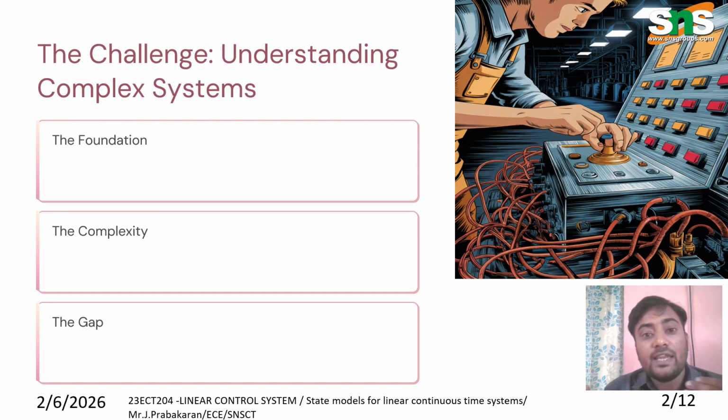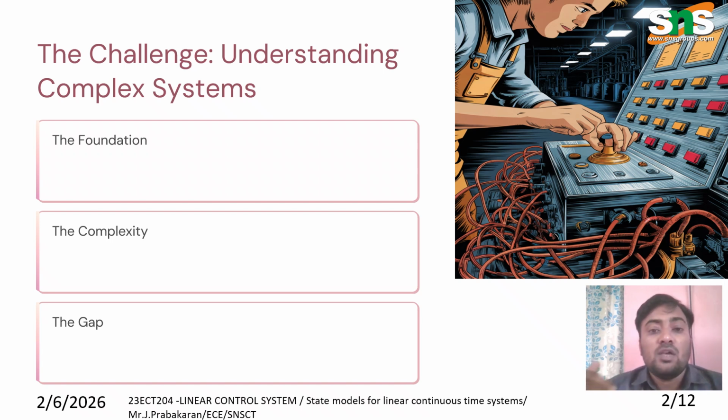Before solving any engineering problem, we must understand the system completely. Linear continuous time systems form the backbone of many engineering applications such as robotics, aircraft control, power systems, industrial automation. The challenge is that system behavior changes continuously with time, making analysis difficult.